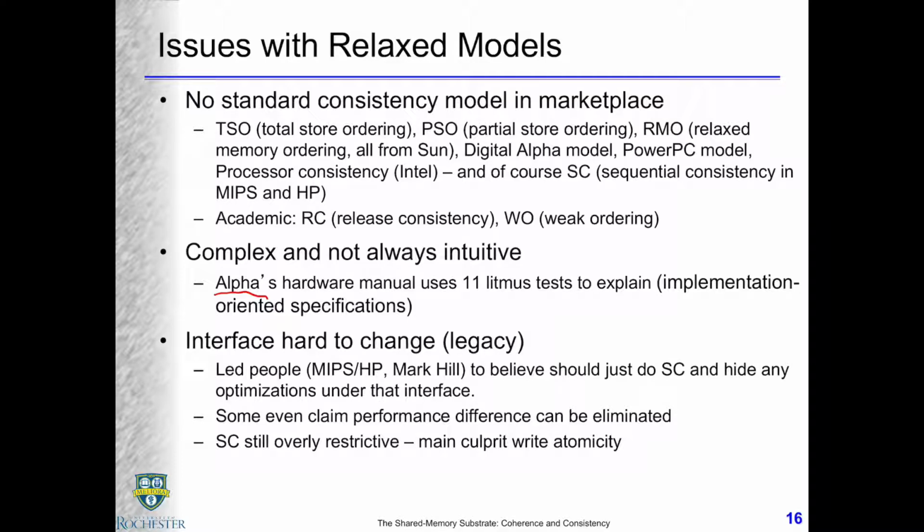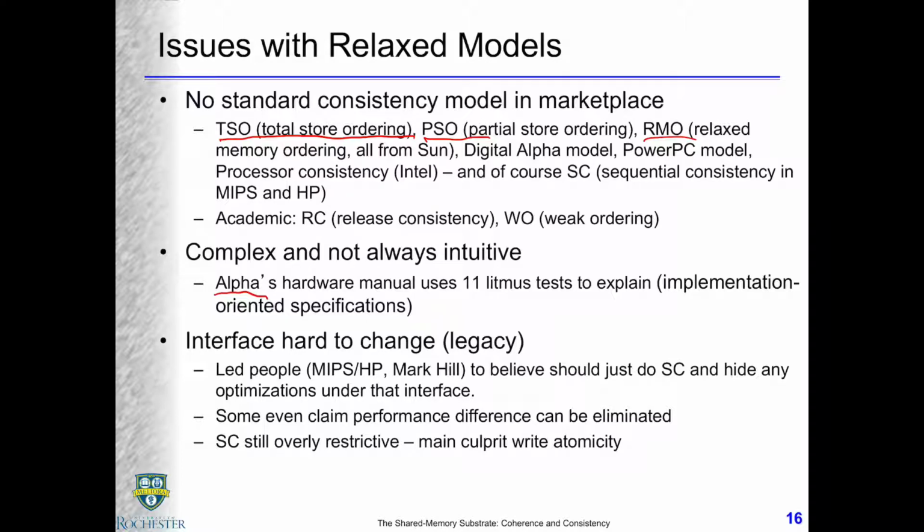Also, since it's a contract, anybody can decide to write up one on their own. So you got all these different things from Sun: total store ordering, partial store ordering, relaxed memory ordering. These are from Sparc processors, Digital Alpha. They no longer exist, but they produced their own model.